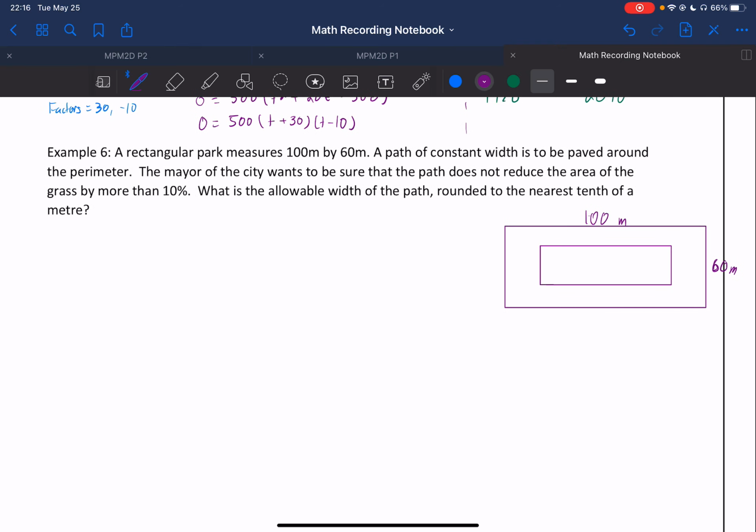This is our original area, which would be 100 times 60, which would give us 6,000 meters squared. This is the original area that you would have had of green space.